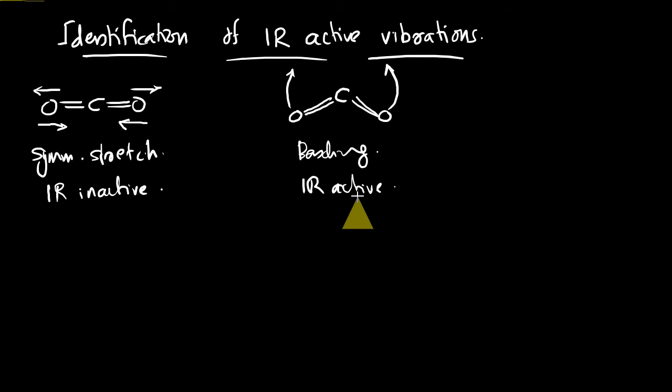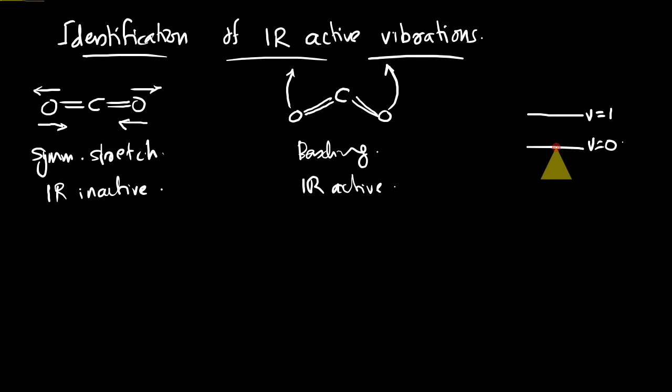So you know what the basic requirement is for a vibration to be IR active. IR active vibration means the molecule is already vibrating in the ground level, for example V equal to 0, where V is the quantum number. And by absorbing radiation, it can be excited to another vibrational level characterized by the quantum number V equal to 1.